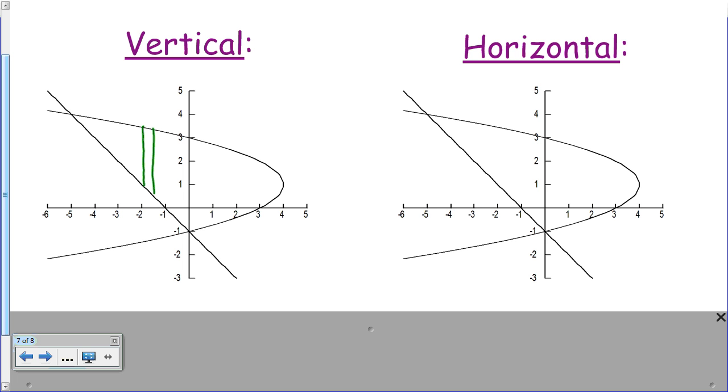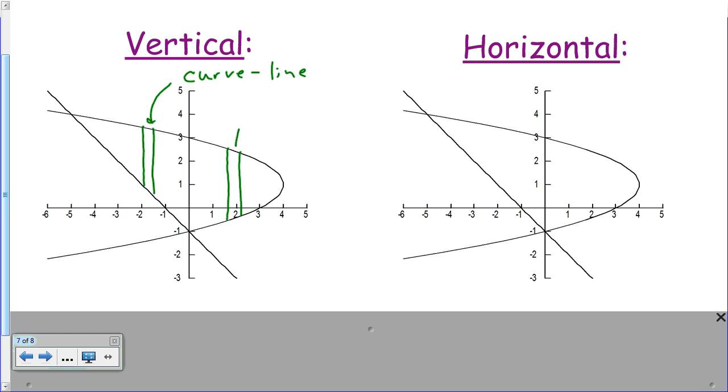The problem is that one strip doesn't represent all of the strips in this region. This represents all the strips, in fact, that are on the left of the y-axis. If I look over here on the right of the y-axis and drew in a strip, I'd end up with a strip that looks like this, where it goes from the curve on the top to the curve on the bottom. So in other words, if I were to calculate the area of this strip over here on the left, we'd be taking the curve on the top minus the line on the bottom.